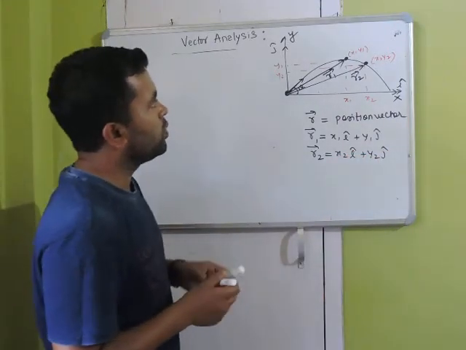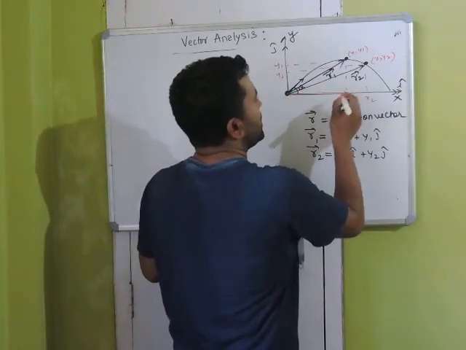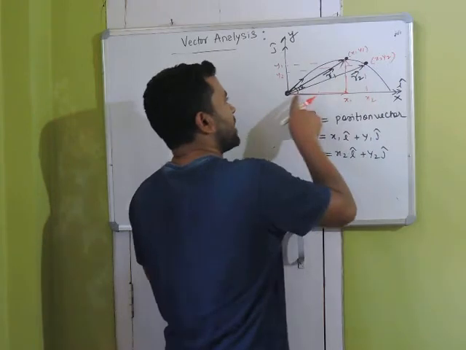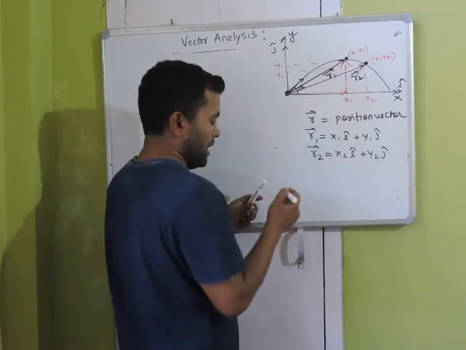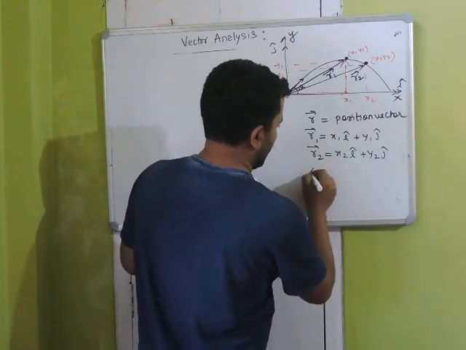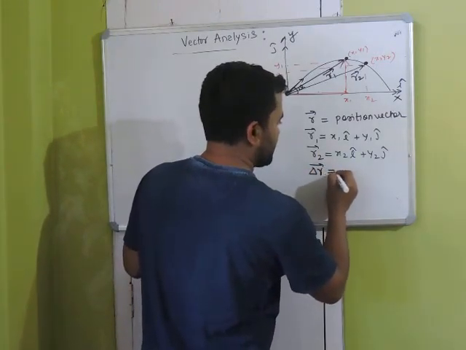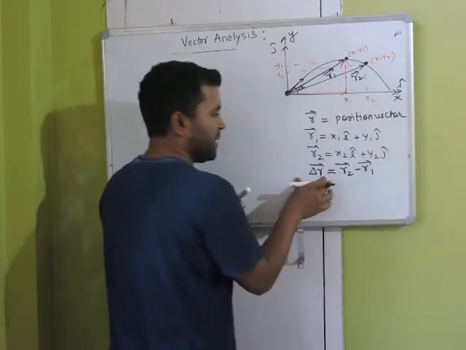Fine. So r1 is nothing but this much vector plus this much vector using the triangle law. Fine. x1 i cap, y1 j cap, and same way this. Now the difference of them, which is called delta r, this is called the displacement vector, which is r2 minus r1.